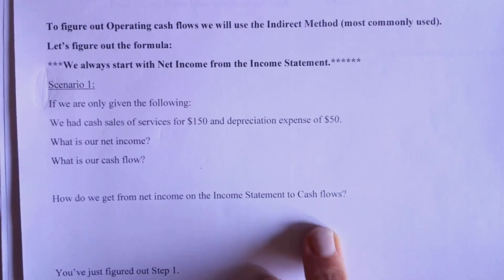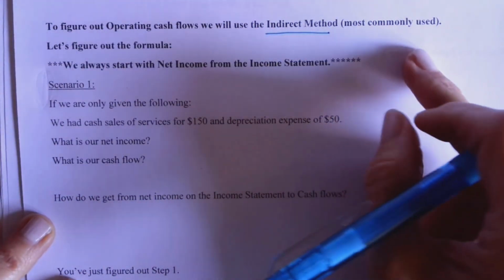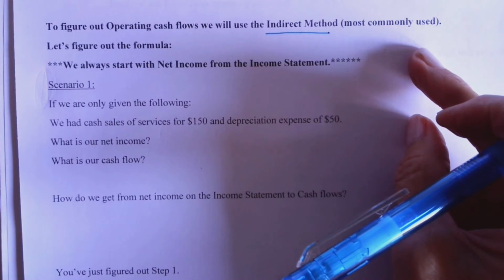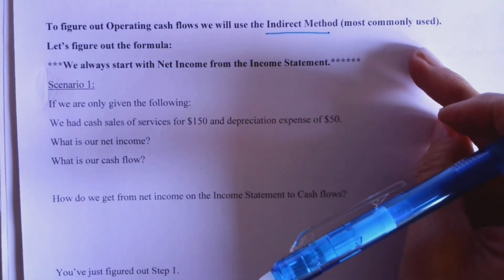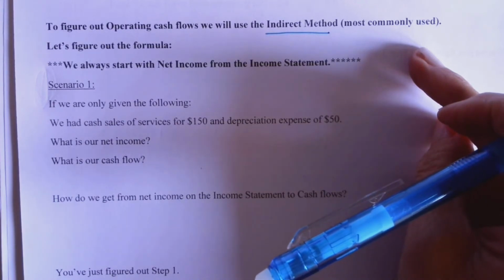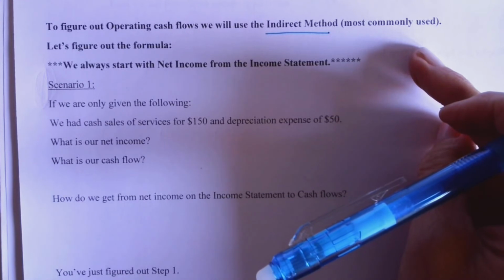So we are going to figure out operating cash flows using the indirect method. This is what's most commonly used by companies. It's what's in the regular part of your chapter. Don't read the appendix because they use the other method that we're not going to cover, okay?